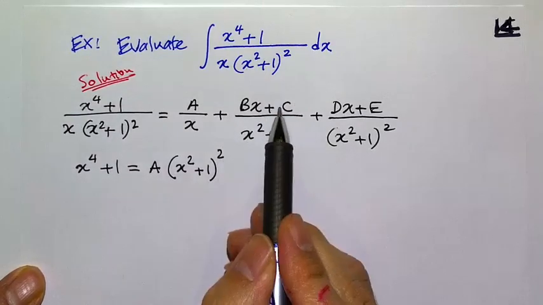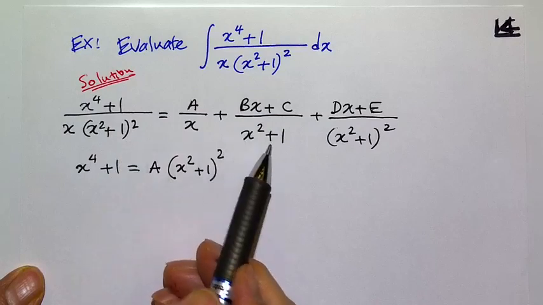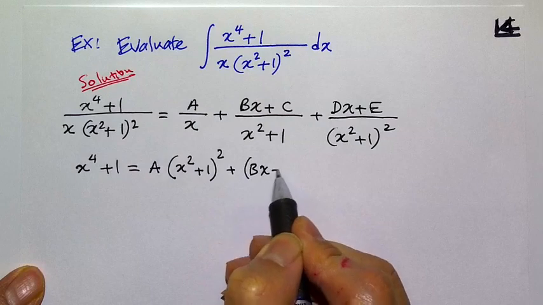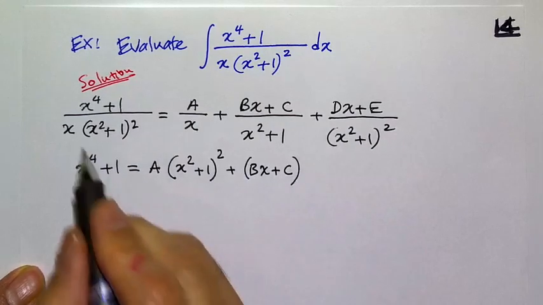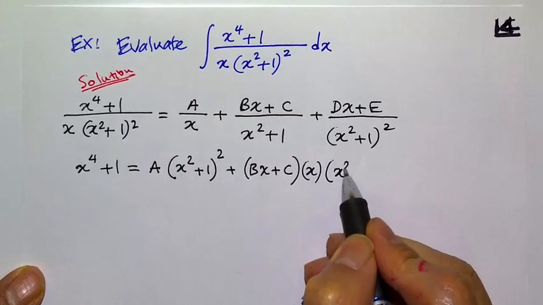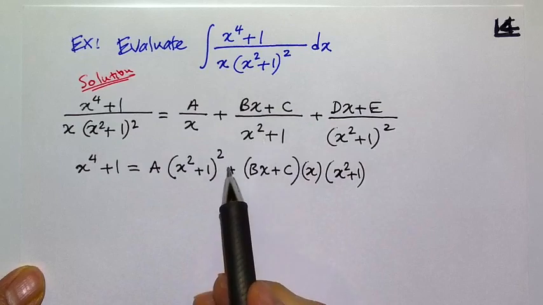When you multiply this fraction by all of this, x squared plus 1 cancels out, and we end up with Bx plus C times x times another x squared plus 1 that is left over from our multiplication.